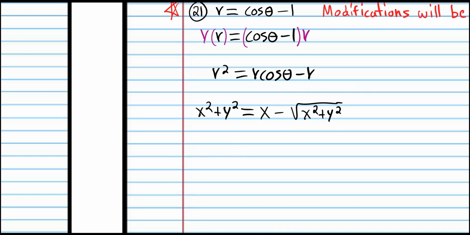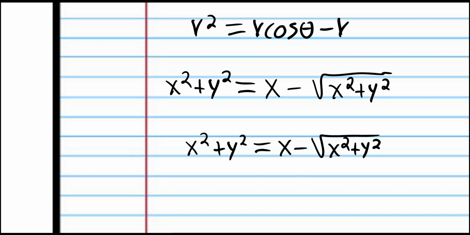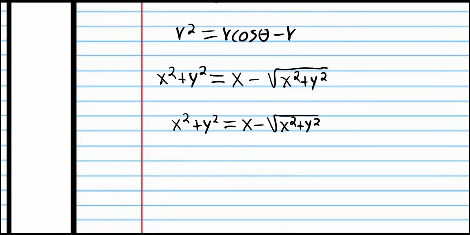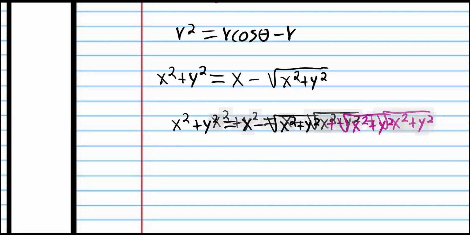And I'm actually going to show this. You don't have to show this, but I just want you to be absolutely clear on what we're doing here. Usually you don't see teachers demonstrating this, but I just want you to know what we're doing when you look back at this. So I'm adding square root x squared plus y squared to both sides.